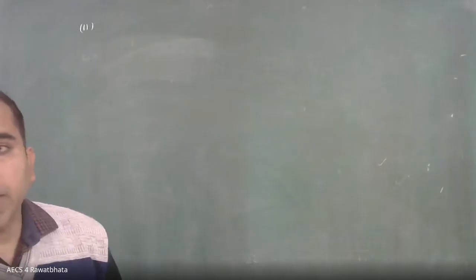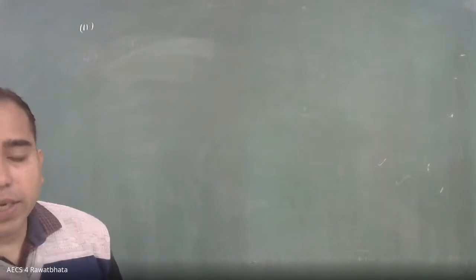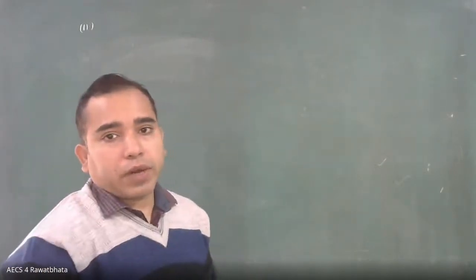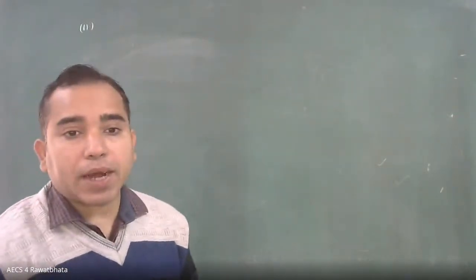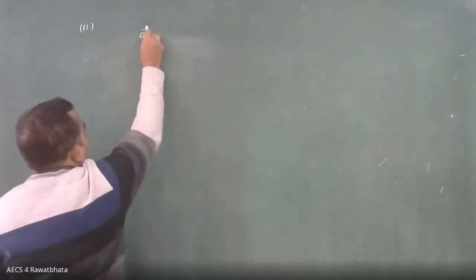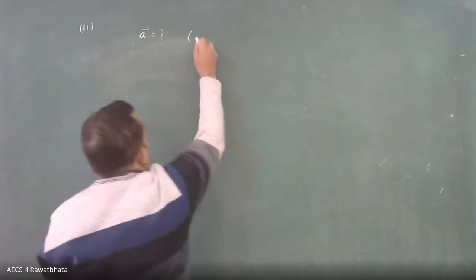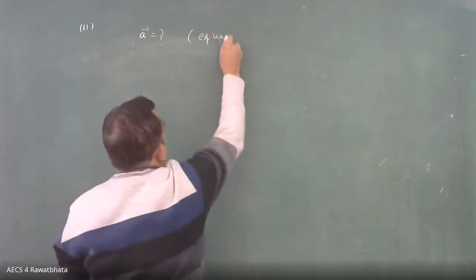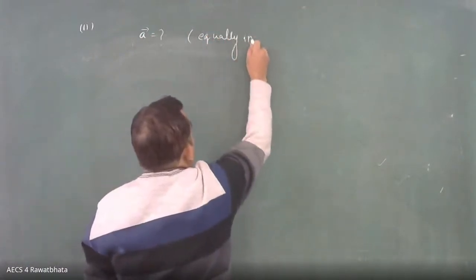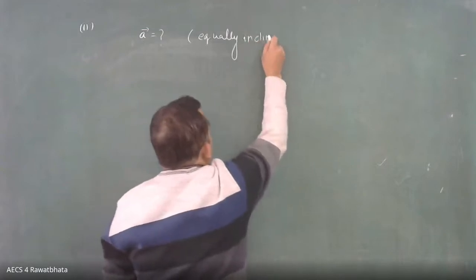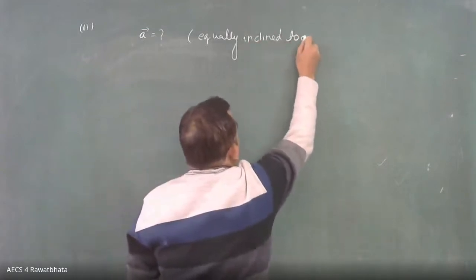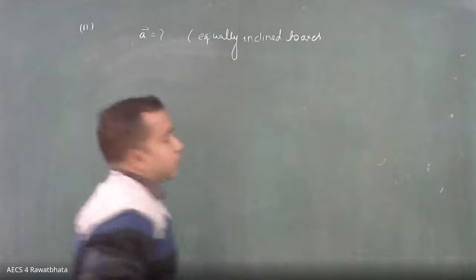Okay, so they are asking students the direction cosines of a vector which is equally inclined to the axes. So first of all, we have to write the vector. And what we know is that it is equally inclined to all the three axes, right?